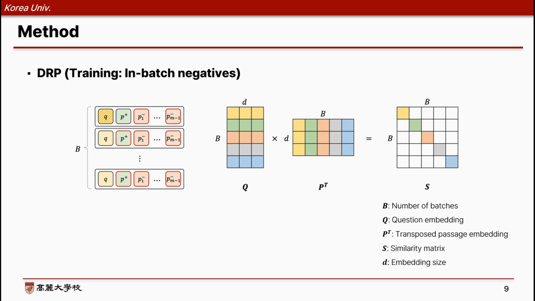The middle figure is if there is a question embedding consisting of 5 mini batches and the embedding size is 3. The passage embedding of the same size corresponding to each question is transposed. Multiplying these two matrices results in a B by B matrix.